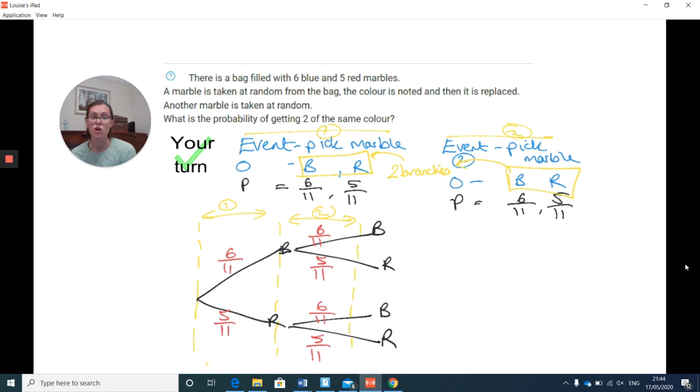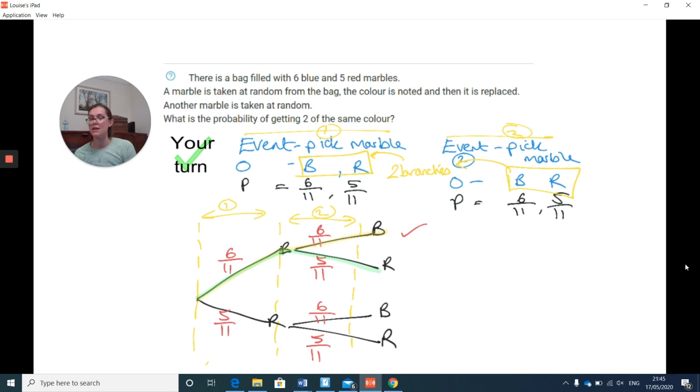Now check that you definitely got that tree diagram, because we're ready now to actually answer the question. So the question says, what is the probability of getting 2 of the same colour? So I'm going to go down my lines. Let's start here, 2 of the same colour. So my first line is there and there. It's blue and blue. Does it meet my criteria? Yes, it does. So that can have a tick on it because I've picked 2 marbles of the same colour, blue and blue. Right, next one. I'm going to go down here. This is blue and then red.